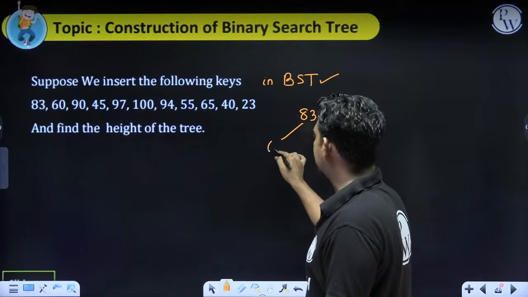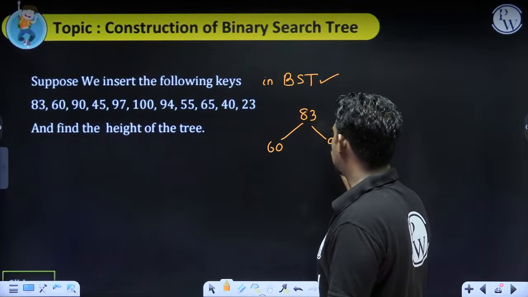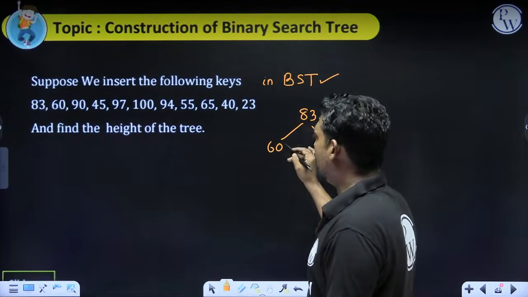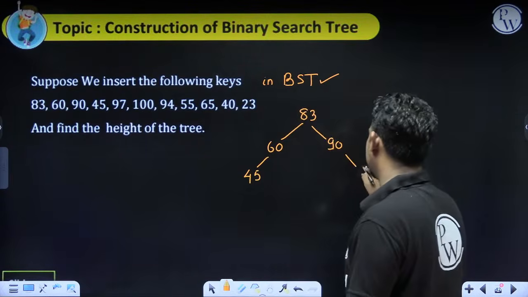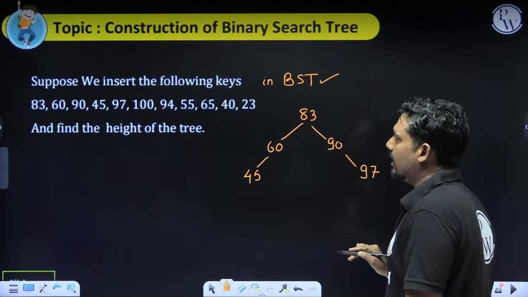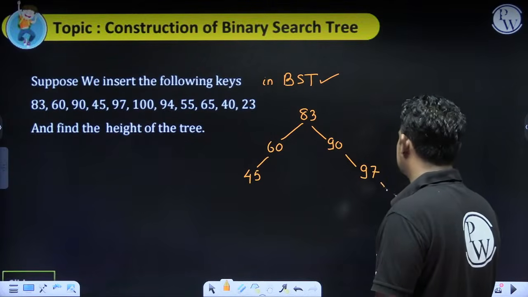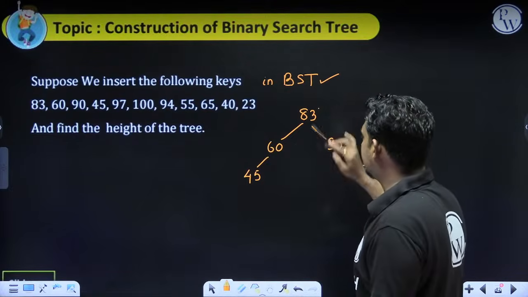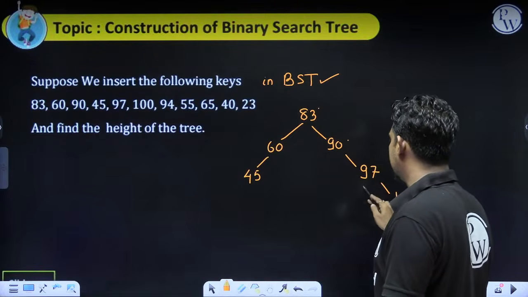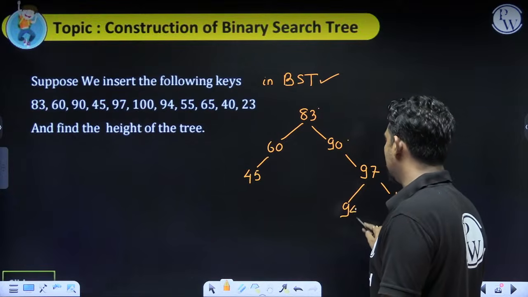60, so that is lesser. 90, so that is greater. 45 is lesser. 97 is greater. 100, it is greater. Okay, now 94, so here it is greater, here it is greater, here it is lesser, so 94.